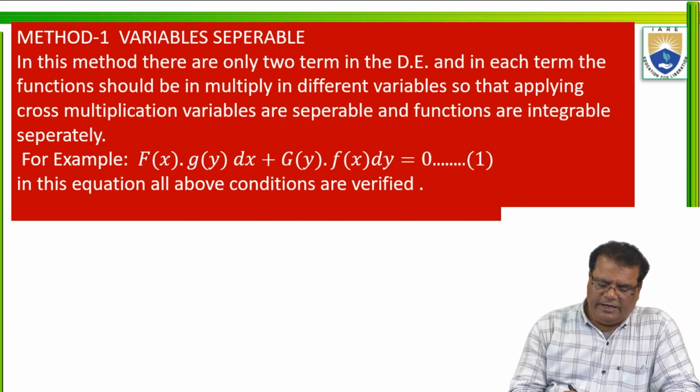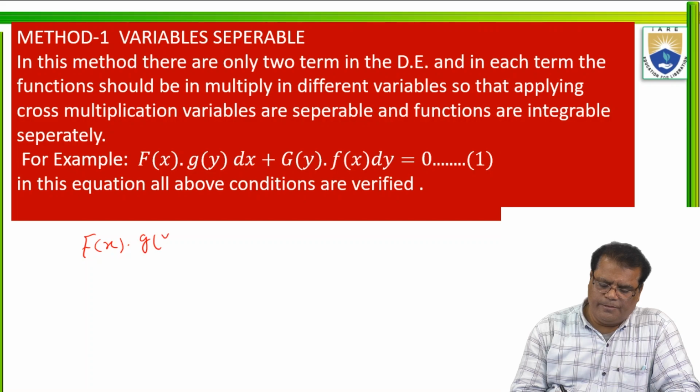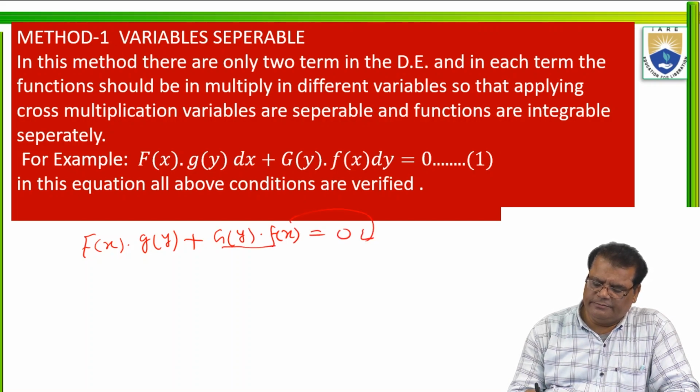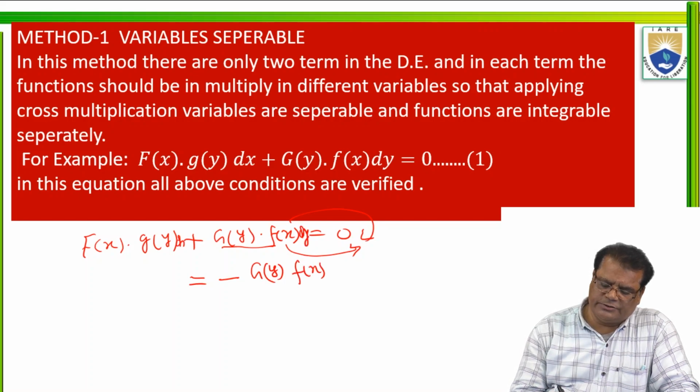So here F(x) into g(y) plus G(y) into f(x) equal to 0. So this term we take to this side, this term to this side, so this equals minus G(y) into f(x) into dy, and here is F(x) into g(y) dx.